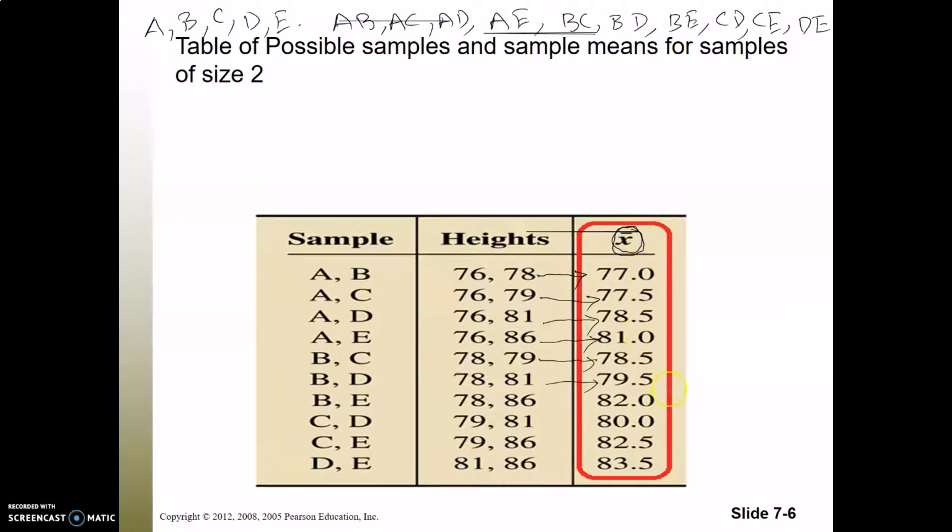This is what I have encircled in red. A new column is generated, and this column we call the sampling distribution of the sample mean. I call this column the sampling distribution of what? Of sample means.